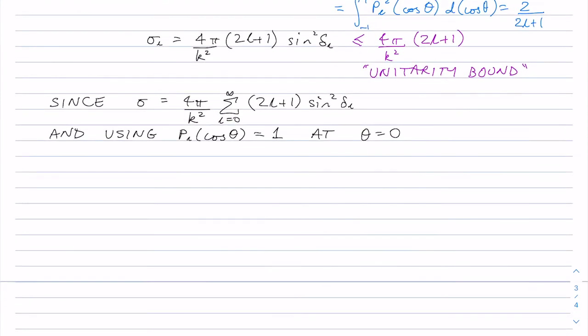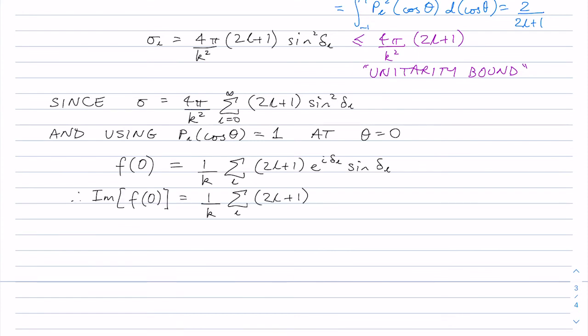And that means that we can say that f of 0, in other words theta equals 0, the forward direction, and then the imaginary part of this f of 0 can be expressed also in terms of sine squared of delta L. And in fact, we obtain that the total cross section is 4 pi over k times the imaginary part of the forward scattering amplitude. This is known as the optical theorem.